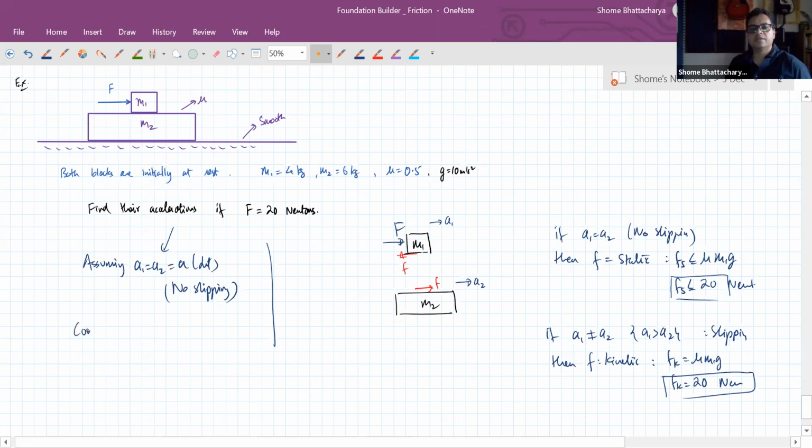So make the combined free body diagram. Just start with this, people.